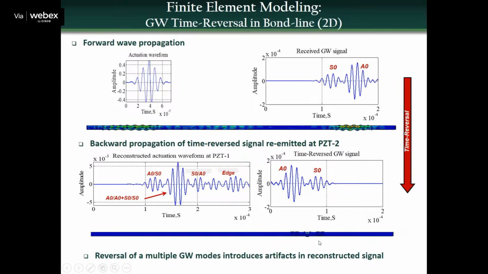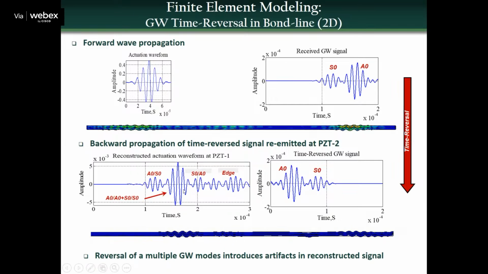Now PZT2 becomes a new source location, and it will back propagate into PZT1. The reversal of multiple guided wave modes introduces artifacts in the reconstructed signal here, as you can see from this signal.